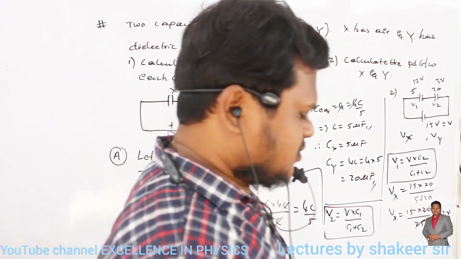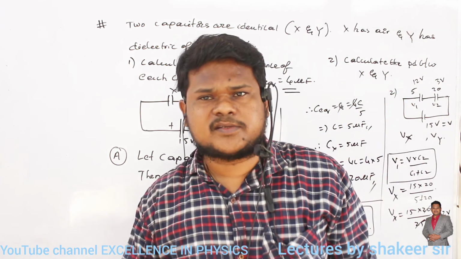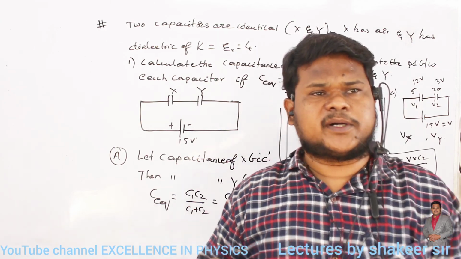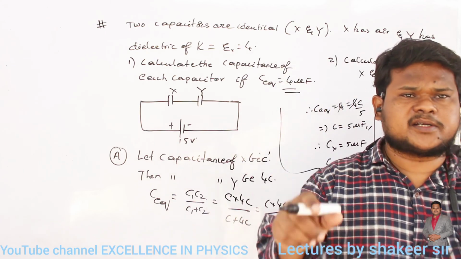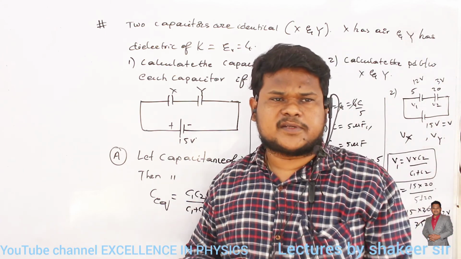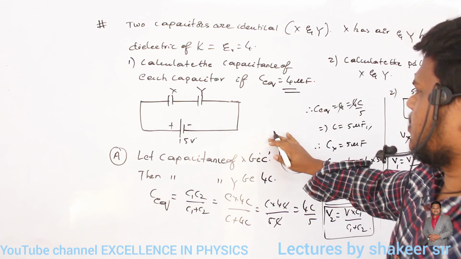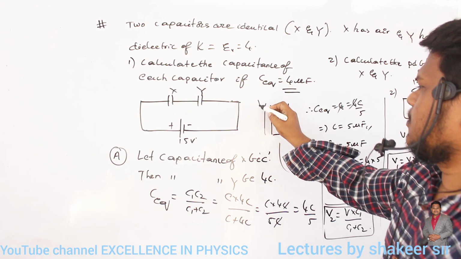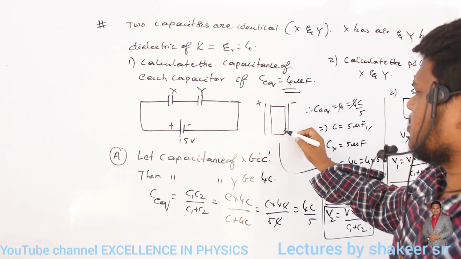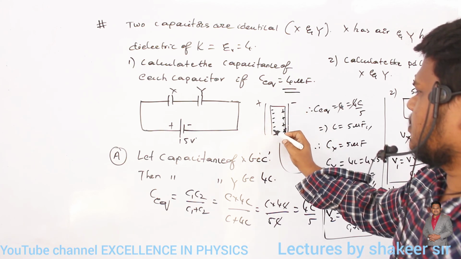Here, in the capacitor in which a dielectric is present, the potential difference will always be lesser. We have already studied this. Why will the potential difference be lesser? For example, if these are the plates of a capacitor and you introduce a dielectric, with this plate positive and this negative, this side of the dielectric will develop positive charges and this side will develop negative charges.